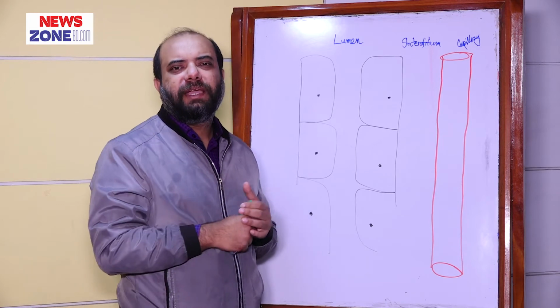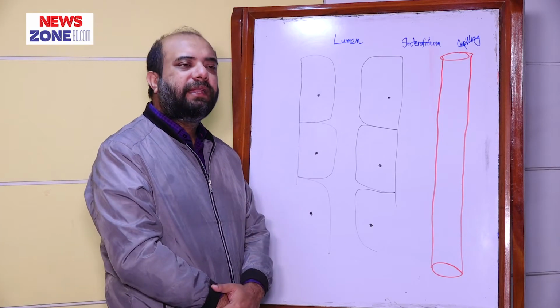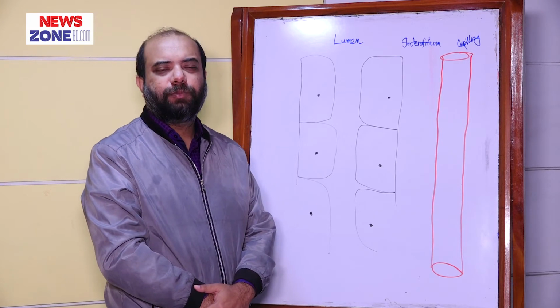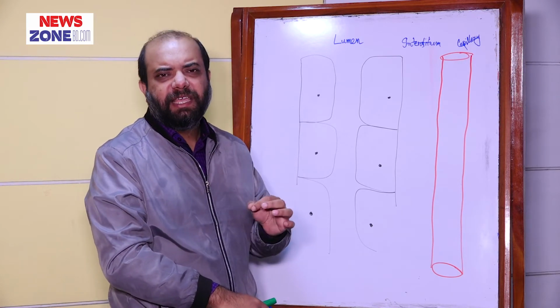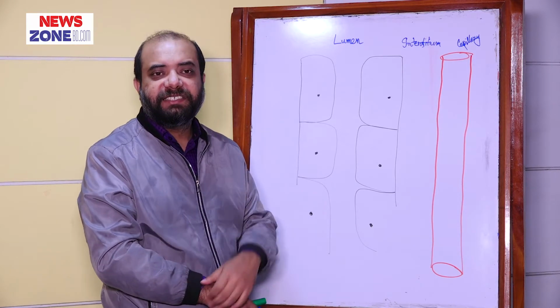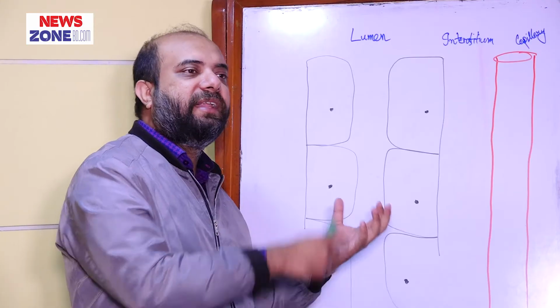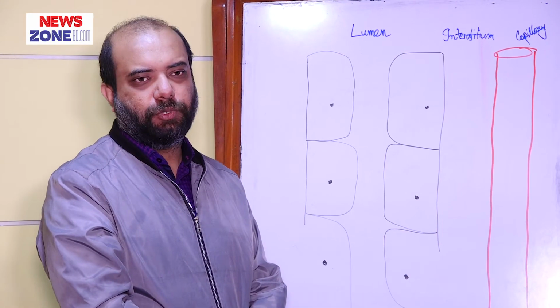In primary active transport, energy expenditure is direct, so energy is used directly, and in secondary active transport, energy is used indirectly. Indirectly means this type of energy is derived from the direct expenditure of energy in the primary active transport.